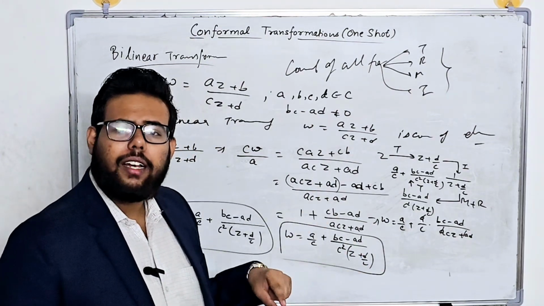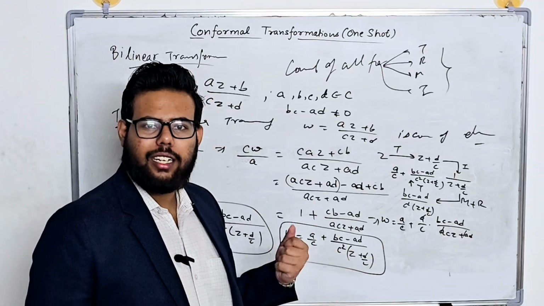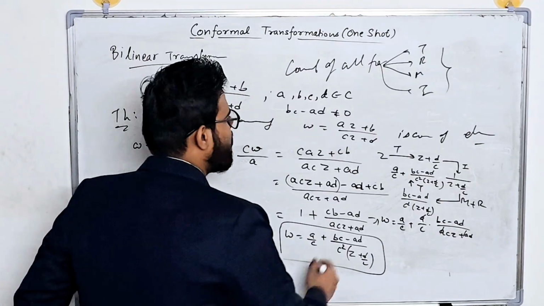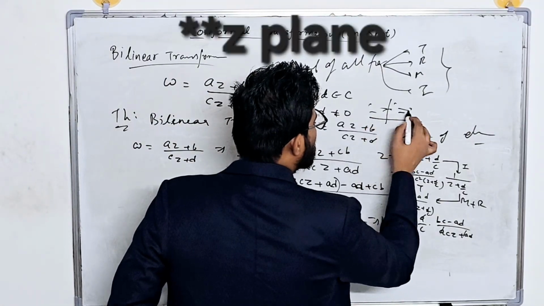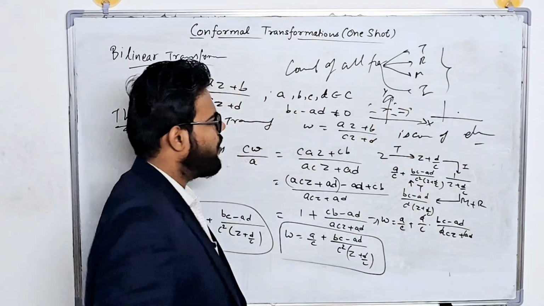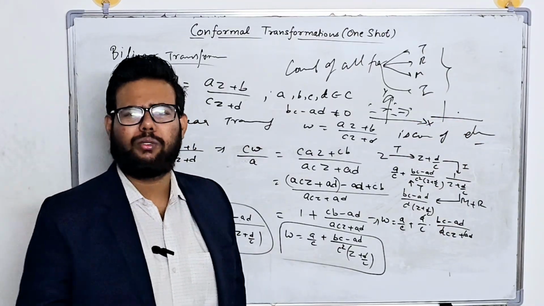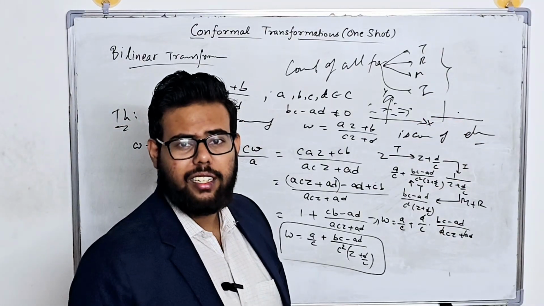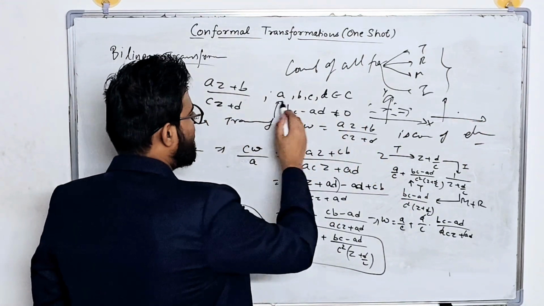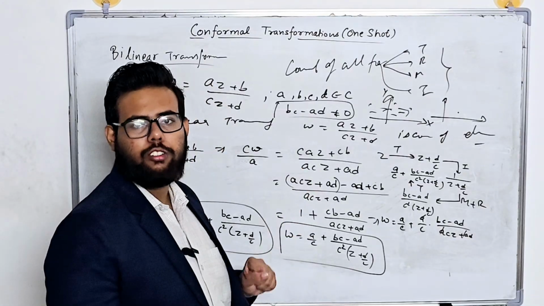If w is a constant value, then it does not make any sense, because then there is no transformation. All the infinite points in the x-y plane would end up at a single point in the u-v plane. So there is no transformation in this. Hence bc minus ad shouldn't be equal to 0. This is the basic idea of bilinear transformation.